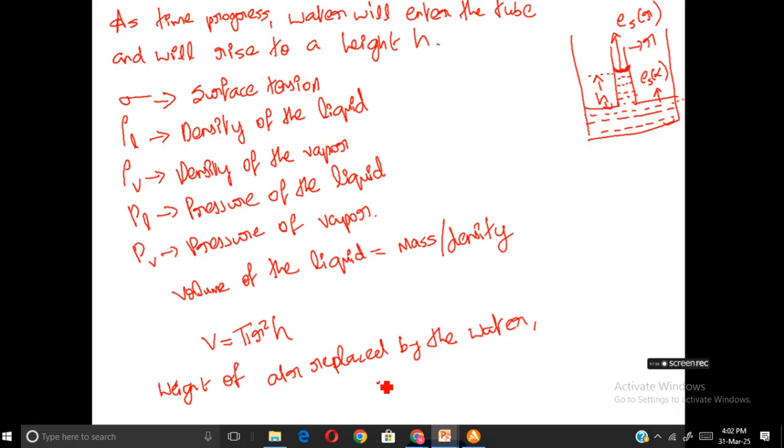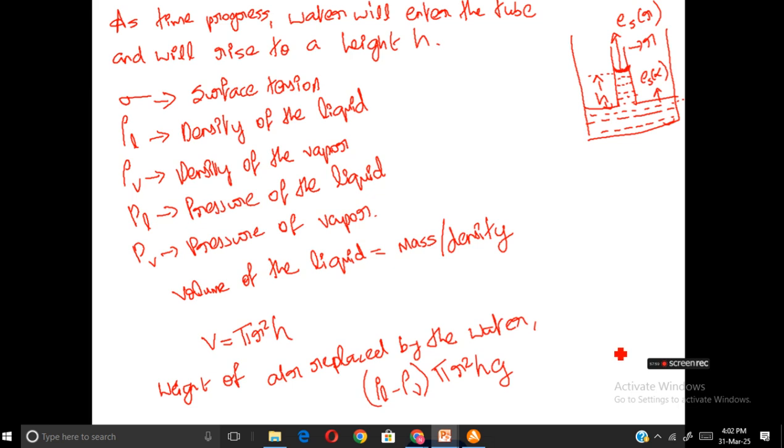So density is rho L minus rho V, into volume pi r square h, into g. This is the weight of air replaced by the water.